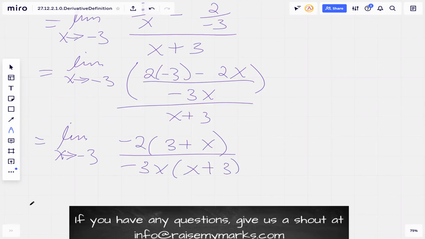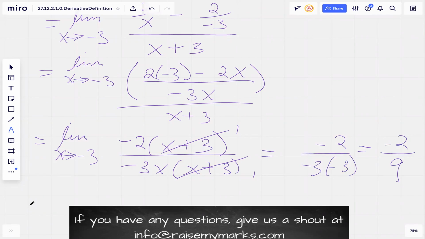All right, so 3 plus x is the same as x plus 3. We can factor out the x plus 3 factor in the numerator and denominator, and we're left with the limit as x approaches -3 of -2 over -3 times x, and this equals -2 over -3 times, as x approaches -3, we end up with -2 over 9.